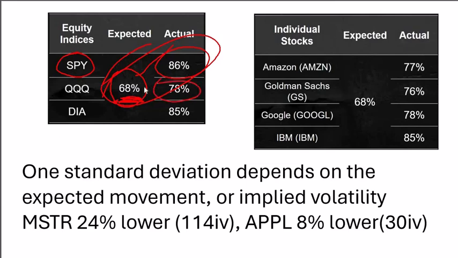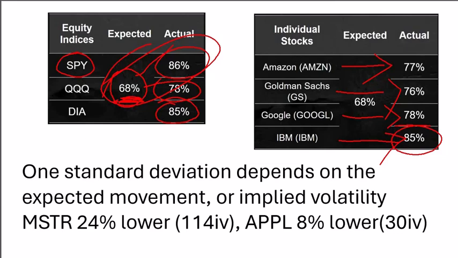For QQQ, it's 78% of the time, so a little bit less generous, a little bit less of that volatility risk premium, and in the Diamonds, very similar to the SPY at 85%. Now we can do the same thing for individual stocks. Here's Amazon, 77%, 76% on Goldman, Google 78%, and then IBM, Big Blue, with a nice 85%. So it stays within the expected range 85% of the time.